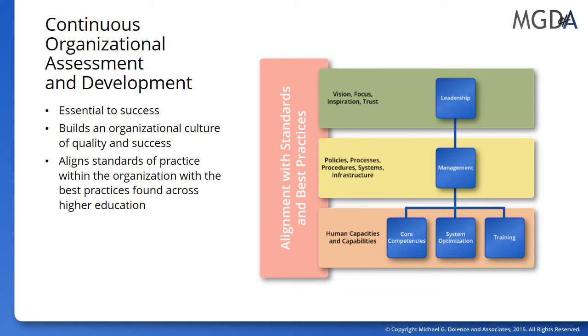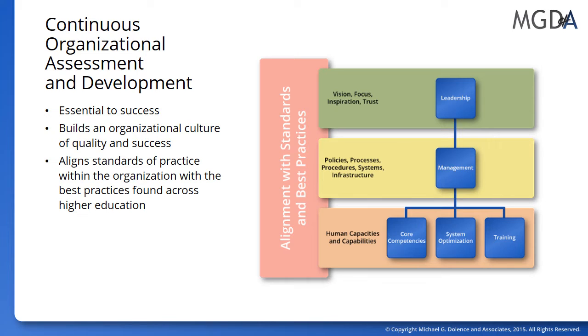Continuous assessment and development of the organization's capabilities and performance is essential. This includes, but is not limited to, such things as vision, trust, focus, and inspiration of and by leadership. Management structures and the policies, processes, procedures, systems capabilities, systems utilization, and performance that emanate from them, and the capabilities and capacities of the organization's workforce, such as knowledge and skill acquisition and application.